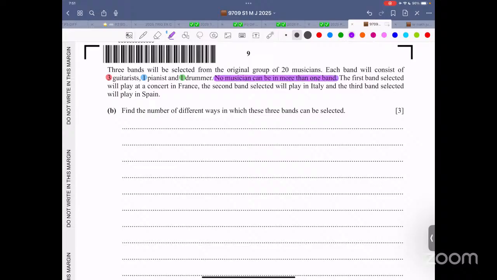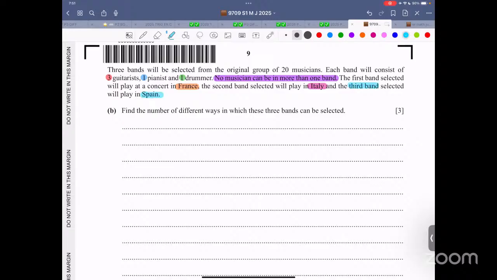Now, this is the first condition that makes this question difficult. The first band selected will play at a concert in France. So the first band will play in France. The second band will play in Italy. The third band, my bad, will play in Spain. So now the locations are fixed.